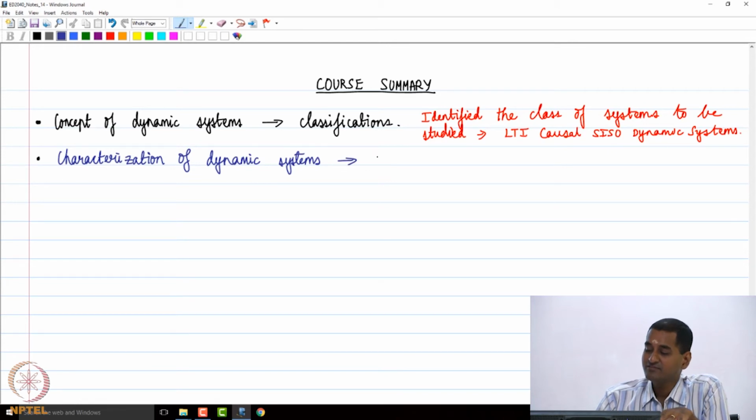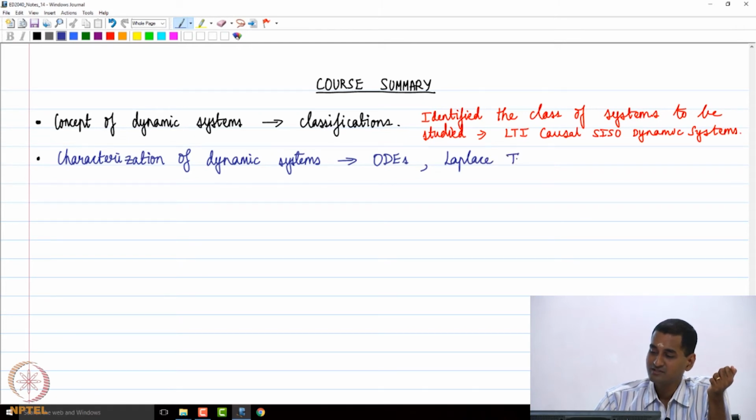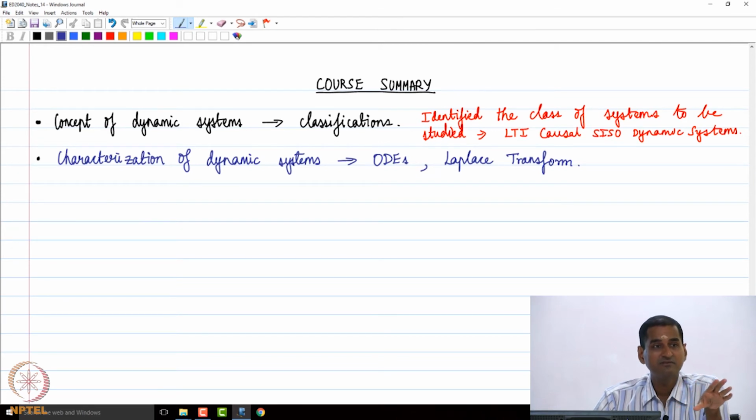Ultimately this comes in the form of ordinary differential equations. Consequently we revised a few important mathematical tools, particularly related to complex variables and Laplace transform. We learned how Laplace transform can be used to solve ODEs. And since for this class of systems we get linear ODEs with constant coefficients, there is only one solution, which is the exponential function. That's why exponential functions are pretty important.